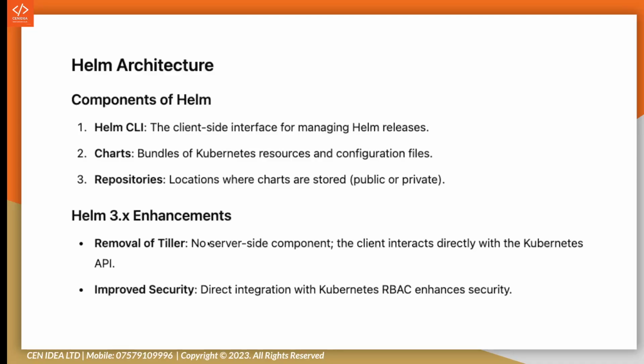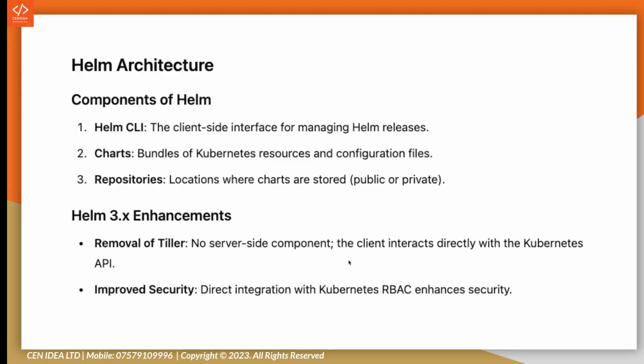So let's talk about Helm 3 enhancements. If you know Helm, or you are used to Helm in the past, that was Helm 2. Helm 2 worked with a client-server architecture, but in Helm 3, there's no longer anything like that.